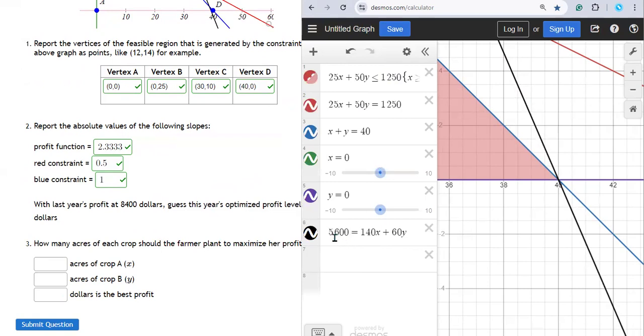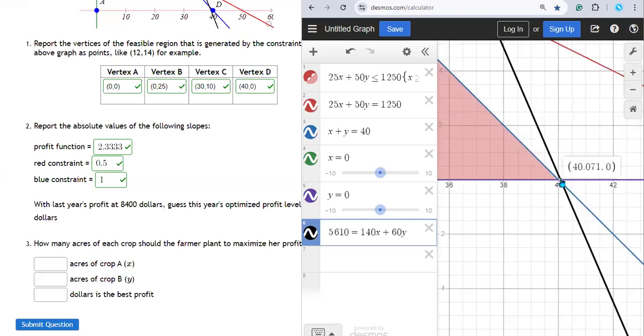Can we have a slightly higher profit? What happens if I make this 5,610? Now notice what happens. This 1 point became 2 points, right? So now we're outside of the feasibility region. So it looks like 5,600 maximizes our profit. Now, one way to double check that is at point D, what is my profit?